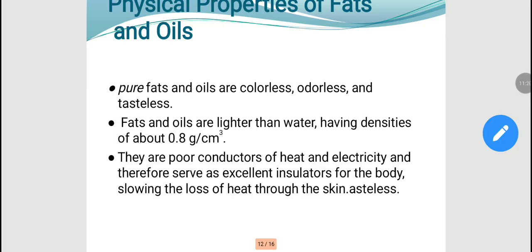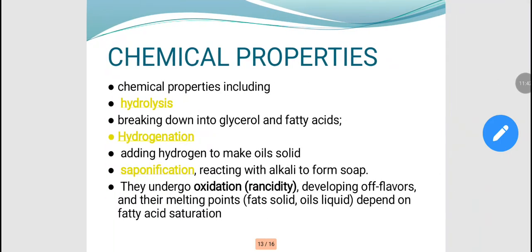So the physical properties are that fats and oils are colorless, odorless, and tasteless, lighter than water with a density of about 0.8 gram per centimeter cube, and poor conductors of heat and electricity.